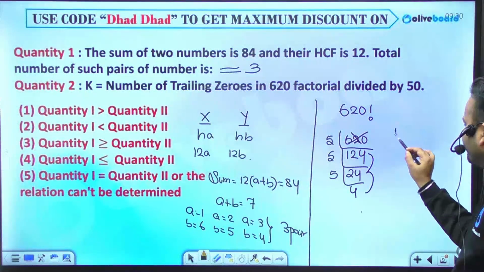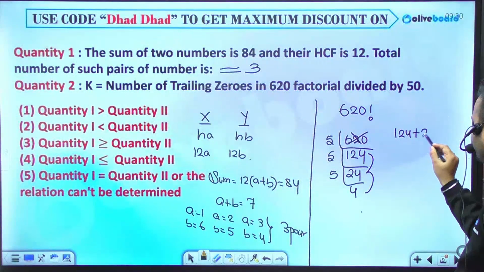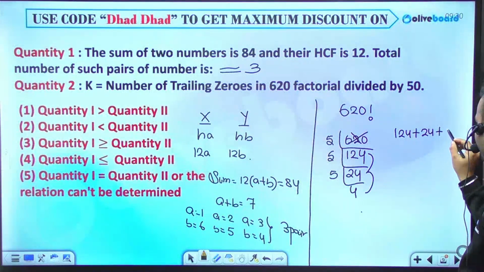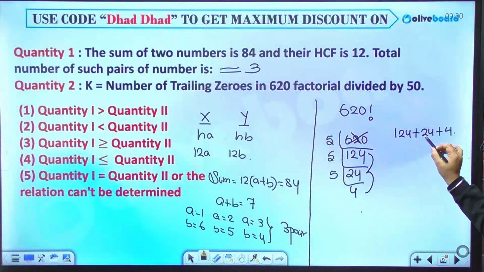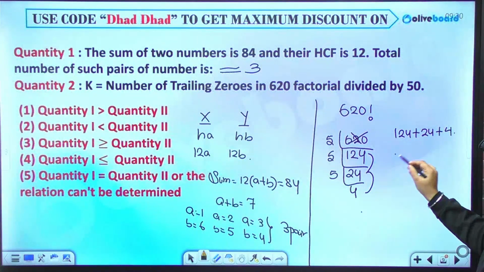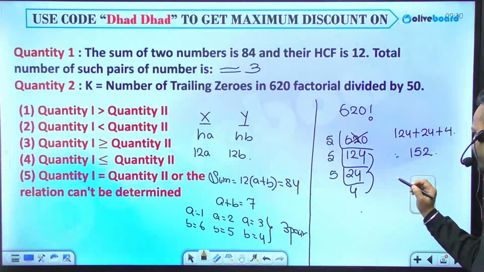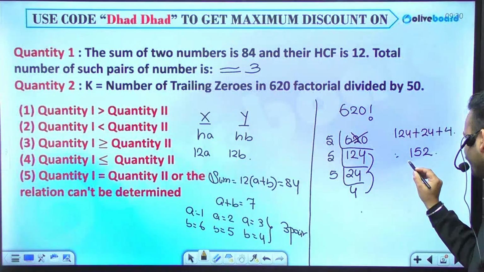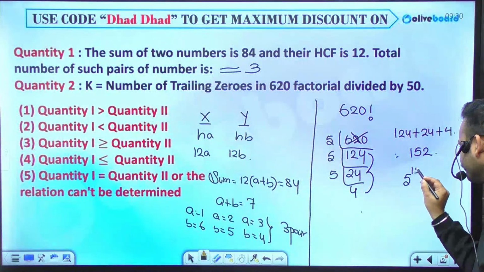So 124 plus 24 plus 4. So ये 152 निकल कर आ गया. ठीक है. इसका मतलब ये है कि नंबर ऑफ 5s कितने होंगे. तो number of 5 will be 5 to the power 152.